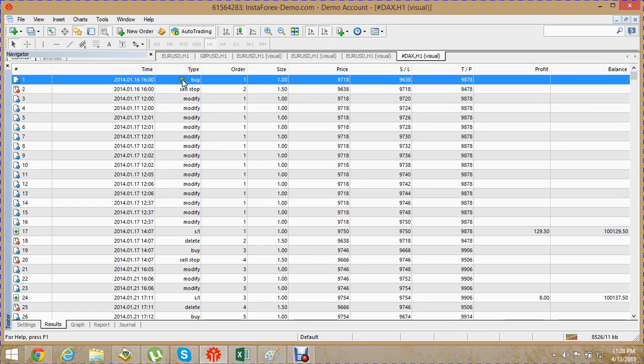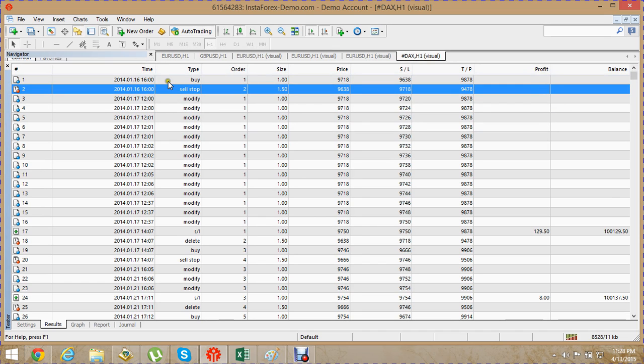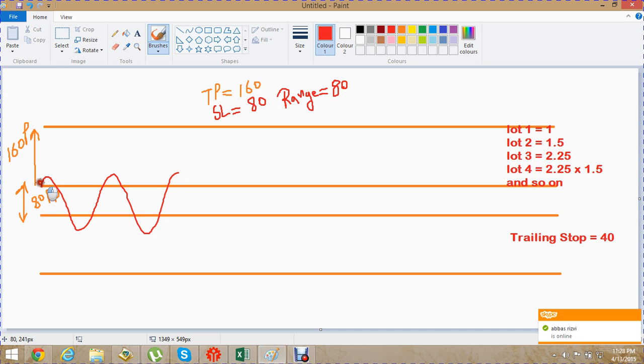Basically it placed a buy and a sell stop trade at the same time. My buy trade will be at this price, and my sell stop will be at this price. My buy trade will have 1 lot size, my sell stop will have 1.5 lot size, and the difference between these two trades will be 80 pips. That is my range.